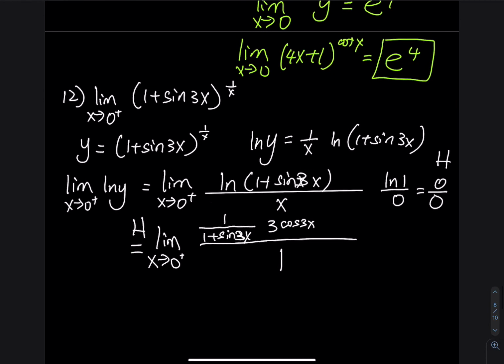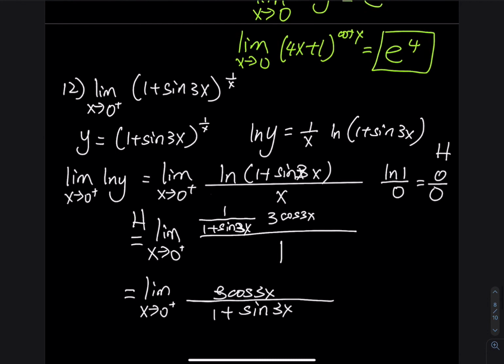Alright, so overall, this is limit as x approaches 0 from the right. We have a 3 cosine 3x divided by 1 plus sine of 3x. Let's try to plug in. So cosine of 0 is equal to 1. And then sine of 0 is 0. So overall, that is equal to 3.